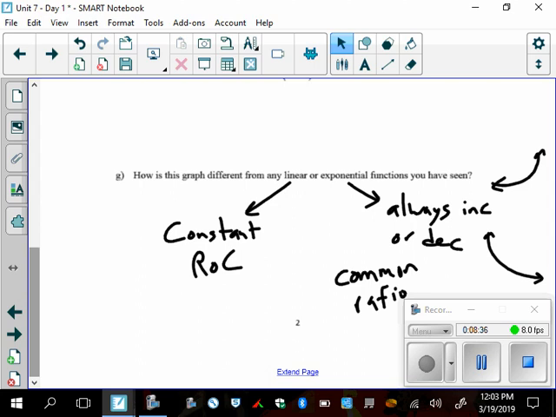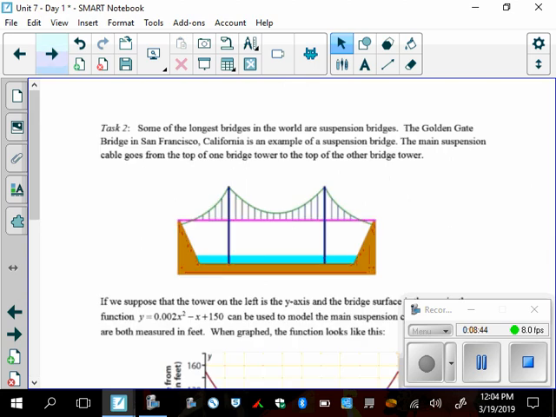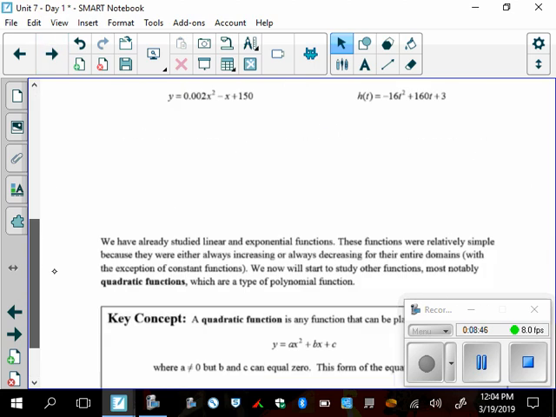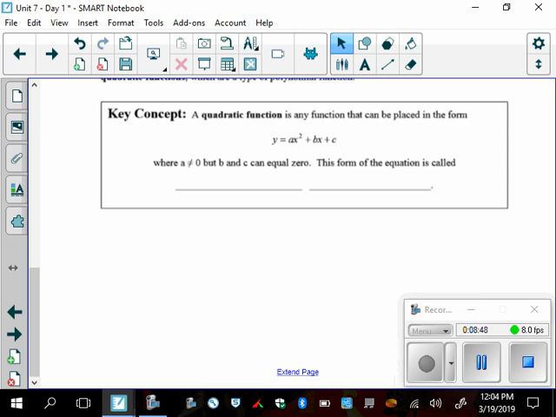So I would like you to turn to the bottom of page 4. I think we've looked at this before. They're giving us a definition of a quadratic function. This is our first type.